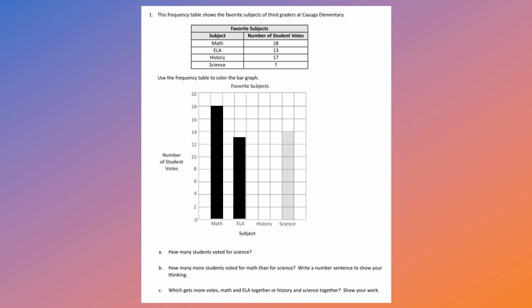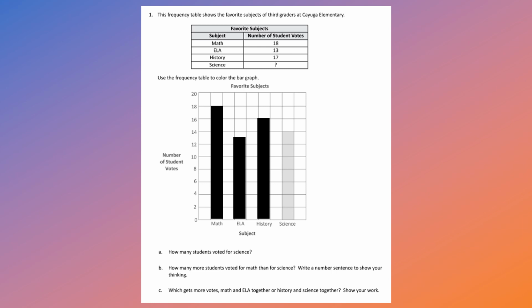Now, the next subject is history. So 17 students voted for history. So again, it's counting by twos. 17's not there. It's not listed, but it's there. 17 would be between what two numbers? That's right, 16 and 18. So you see I shaded all the way up to 16, right?